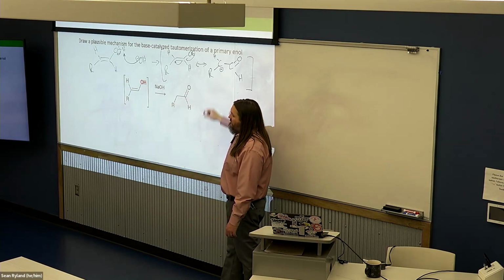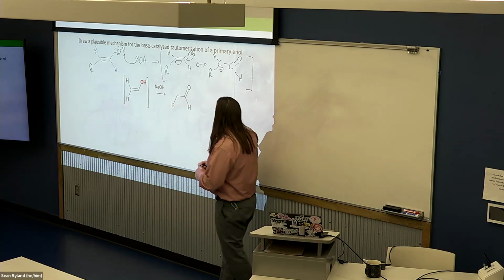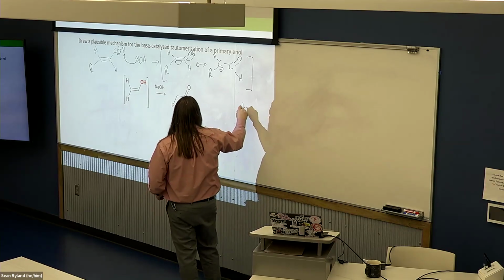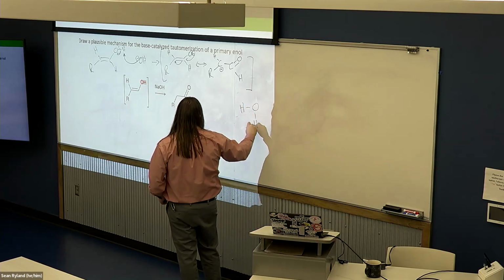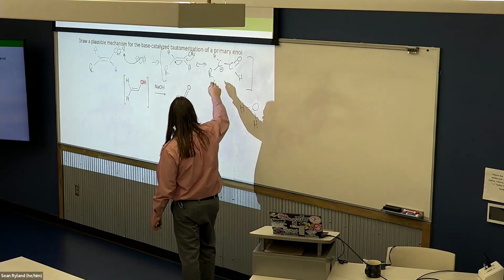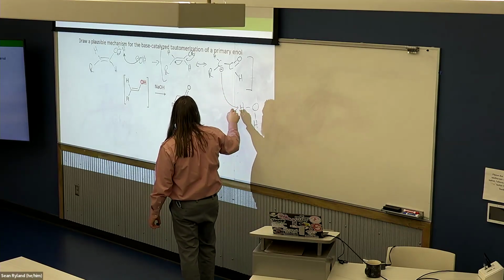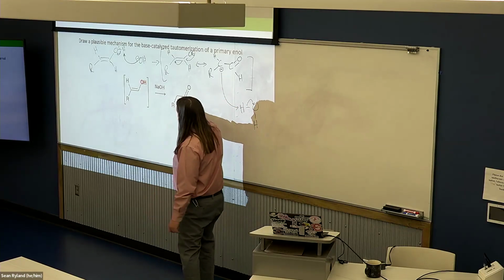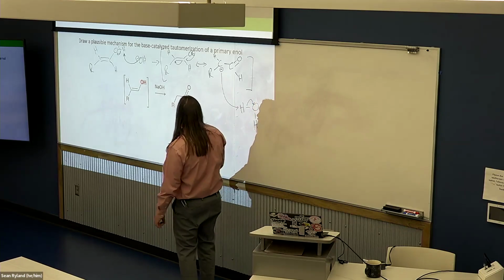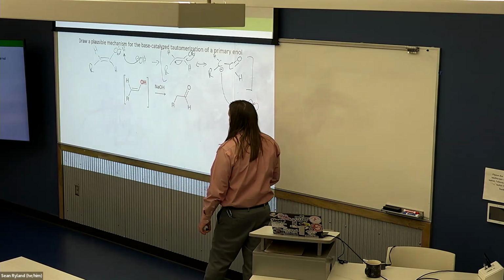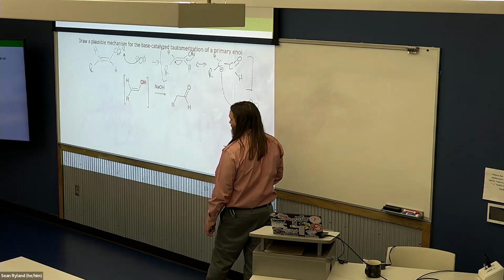And if we have a proton source around, what could that negative charge do? We have just water molecules. Remember, we're trying to get to this. We're trying to show the steps to get there. So we don't want to go back to a carbon-carbon double bond.